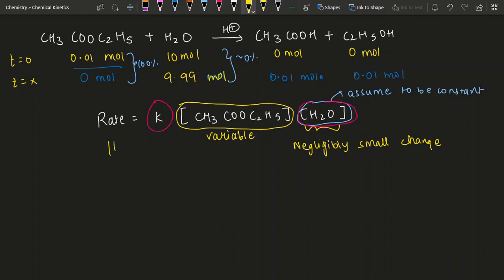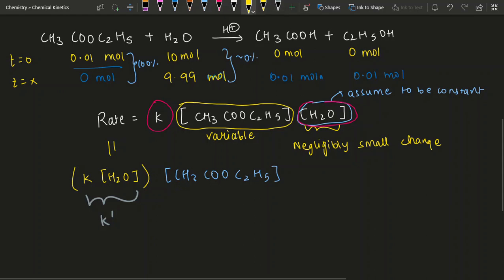Another way to write the rate will be k times the concentration of H2O times the concentration of ethyl acetate. And by doing this, you essentially get a new constant. Let's name that constant k dash. And notice now you can write the rate as k dash times CH3COOC2H5.